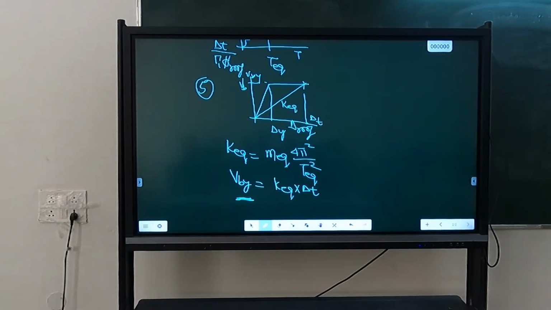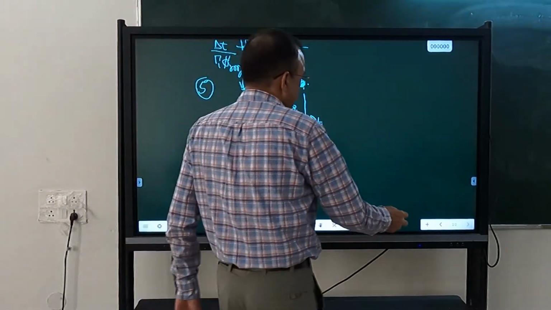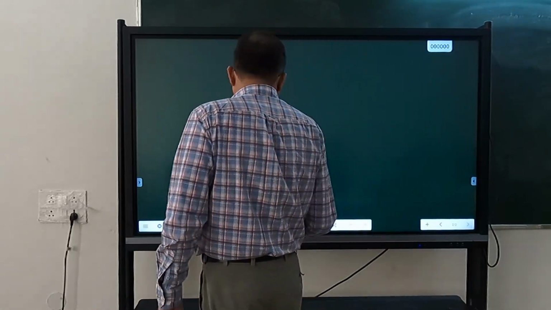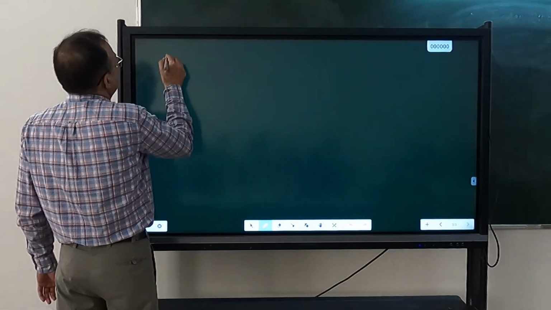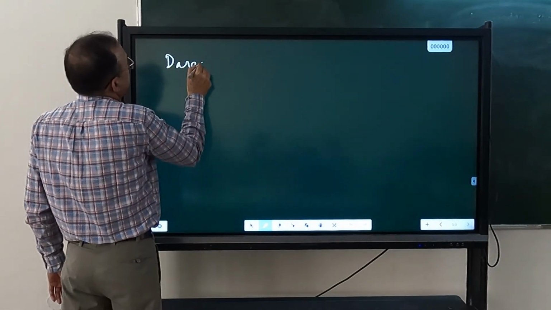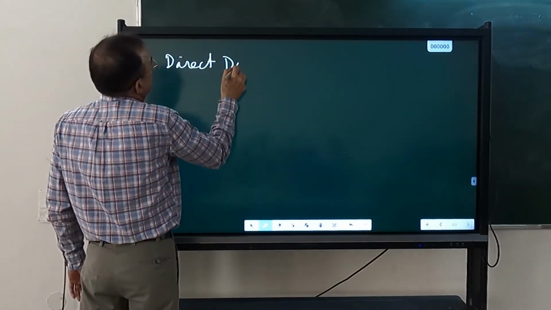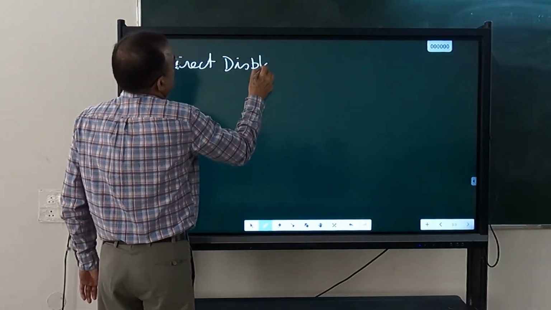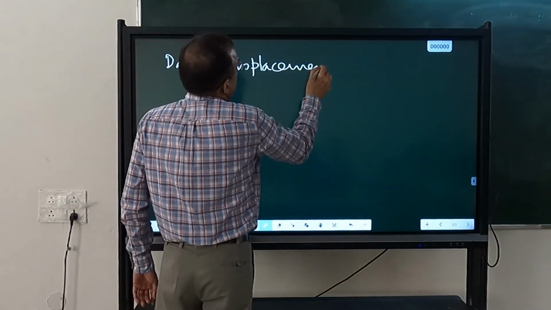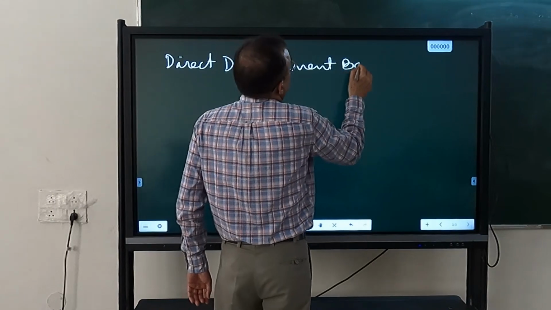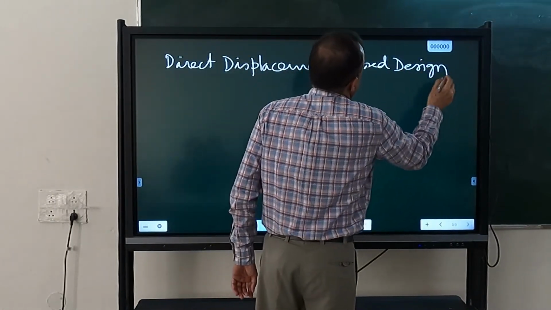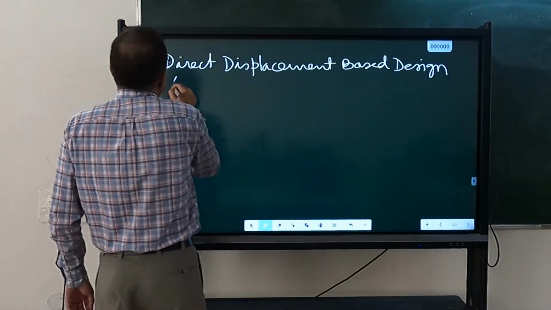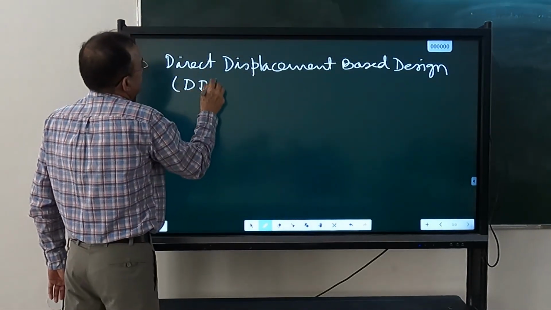Okay, so there is a method that Priestley and his group developed, what we call direct displacement based design. In short, we call it DDB.